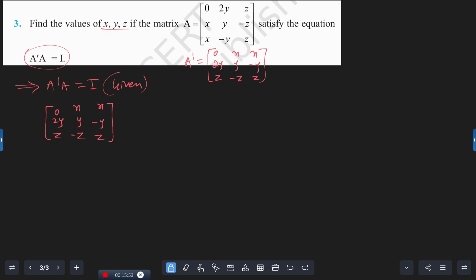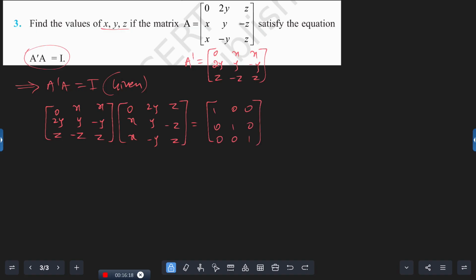This is A dash into A value. Into what, pa? A value, here we have, that you have to apply 0, x, 2y, y, minus y, z, minus z, z. This is A dash A equal to I. I in the sense 1, 0, 0, 0, 1, 0, 0, 0, 1.